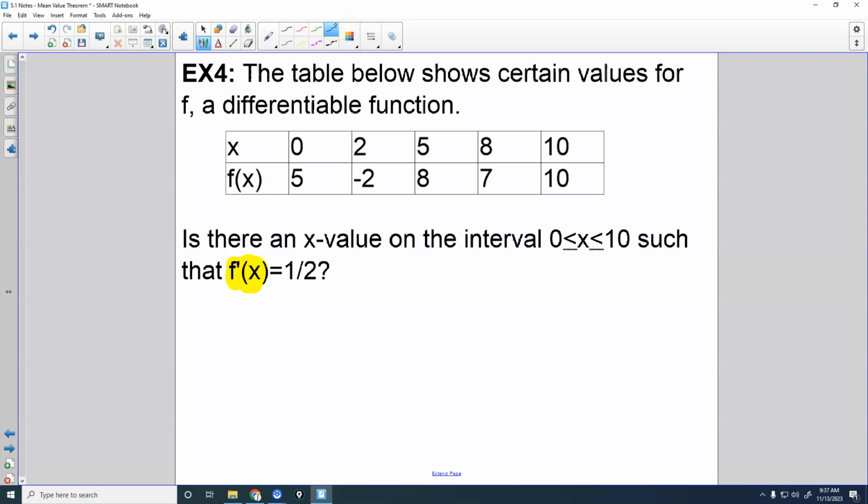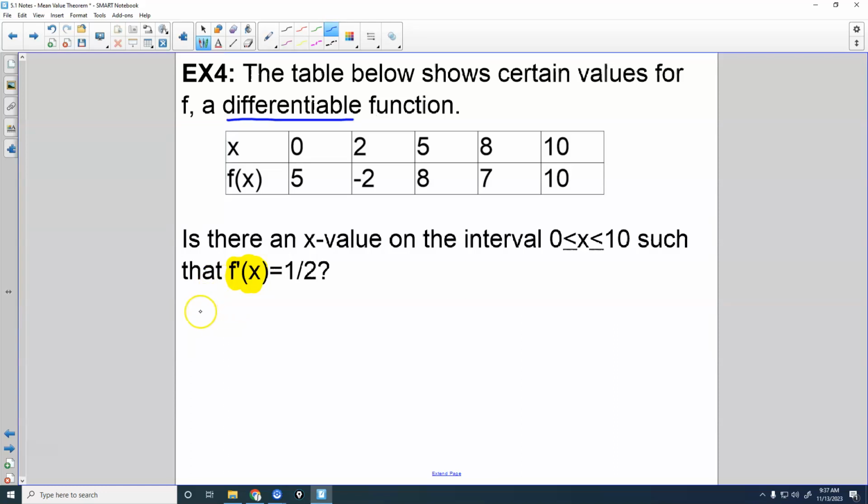And for mean value theorem, you have to have a function that is continuous and differentiable. They've already told us that it is differentiable. You do still need to state that it's continuous. The way that you need to do this every time, if it told you that it's differentiable, so it doesn't matter if it's intermediate value theorem or mean value theorem, you must also say it's continuous.